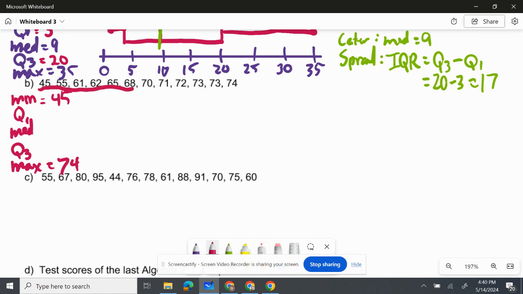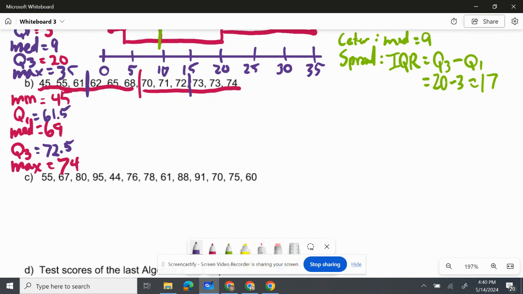That means we have 6 on the left, 6 on the right. So in between 68 and 70 would be 69. Then we're going to look at the first half of the data, and in between 61 and 62 is 61.5, and in between 72 and 73 is 72.5.